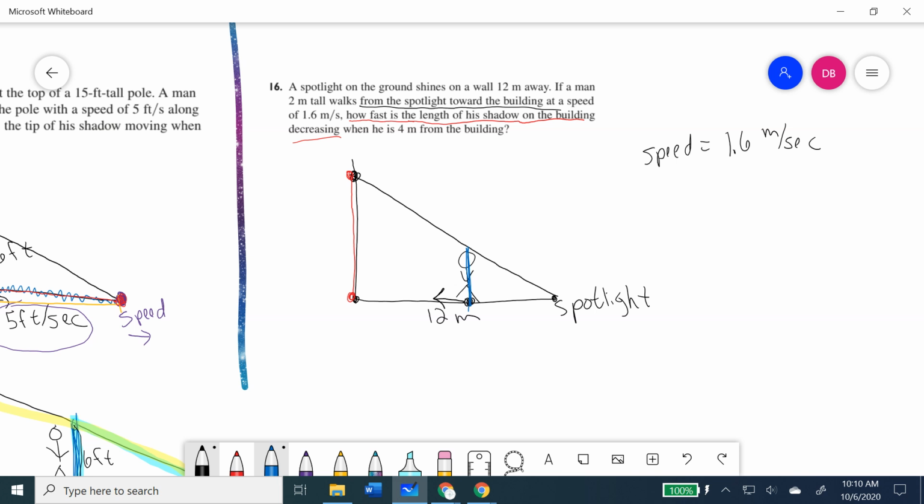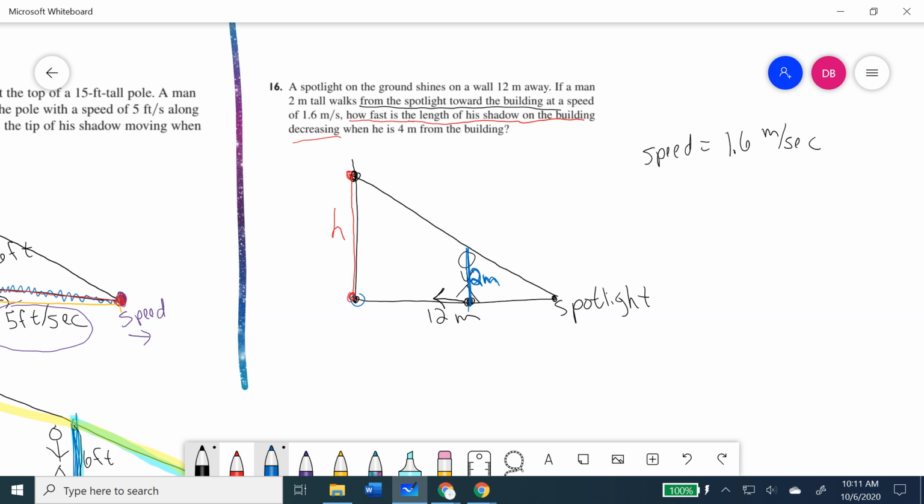We've got that the person is 2 meters tall, but this distance is changing all the time. So I'm just going to put h for height, and that's got to have a variable. Then the speed of the person is going to affect the distance of the person to some stable point.